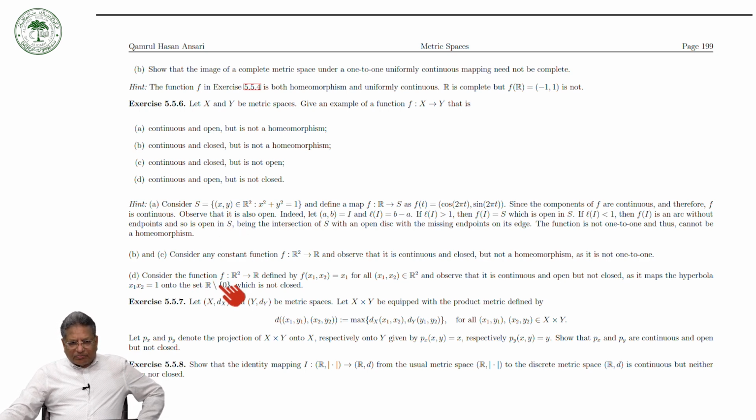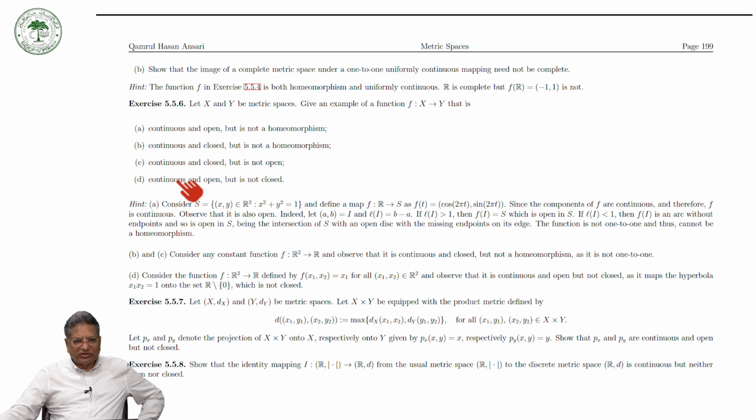Now, if X and Y are metric spaces and X × Y is the product of the metric spaces with respect to the metric defined in this way, and if Px and Py are the projections of X × Y onto X and Y respectively, defined in this way, then show that the projection maps Px, Py are continuous and open but not closed.